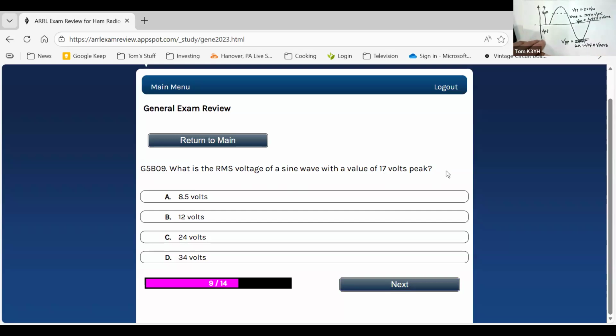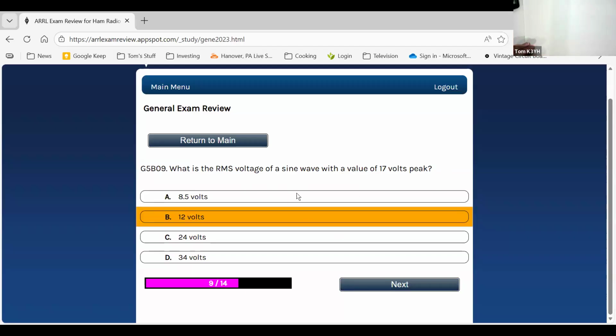I thought we had a power calculation to do here. Maybe that's in the extra. Well, there are some power calculations coming up that are going to be using E squared, VRMS squared over R. So then you'll see it when you get to the next ones.